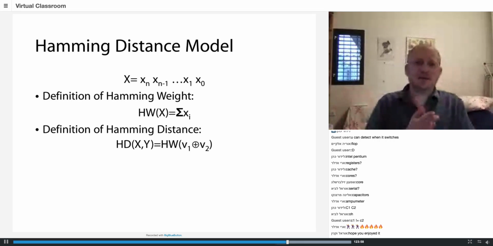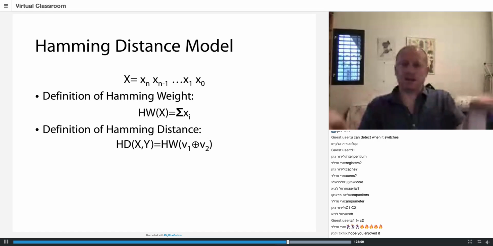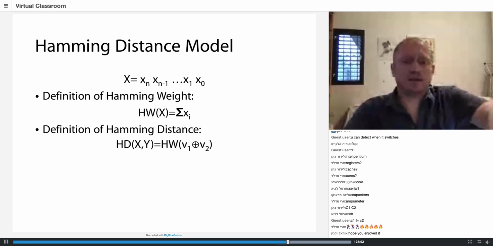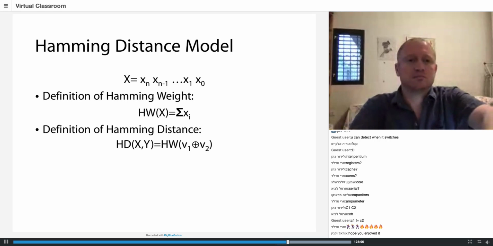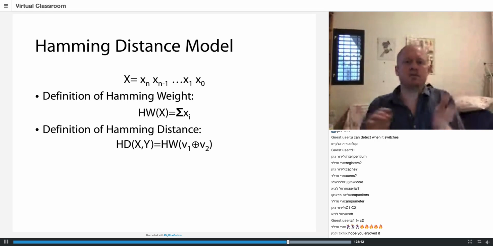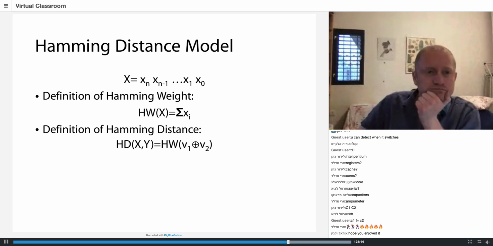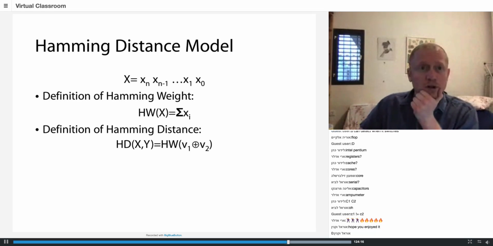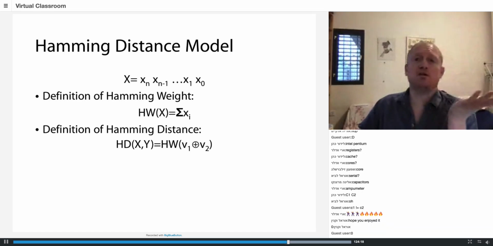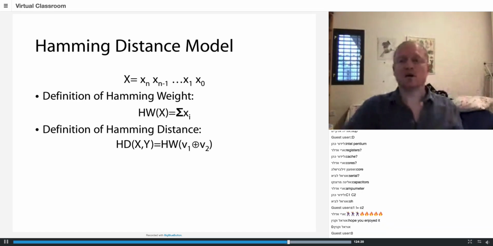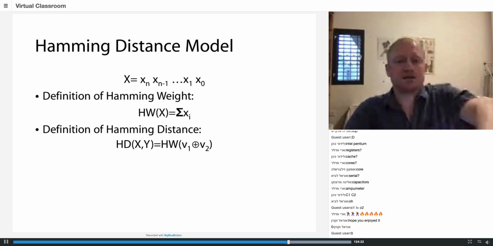Now, Hamming distance is the Hamming weight of the XOR. So what is the Hamming distance of 0 and 0? No, it's not 1. The Hamming distance of 0 and 0 is 0 because they're exactly the same. What is the Hamming distance of 1 and 1?